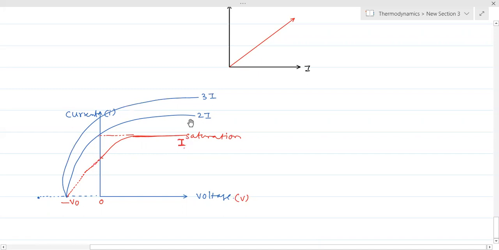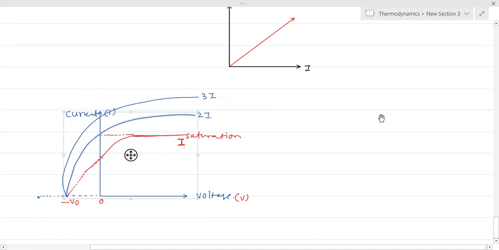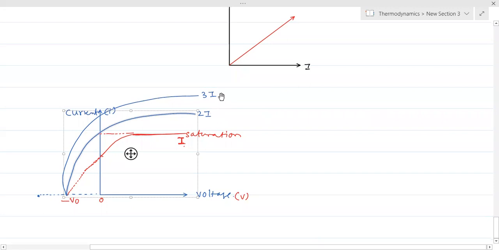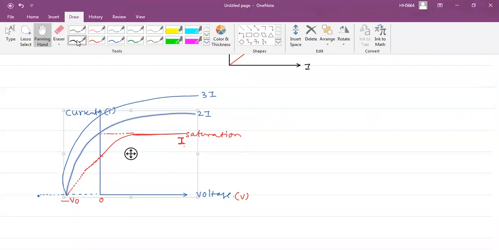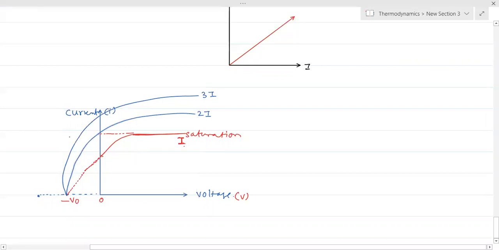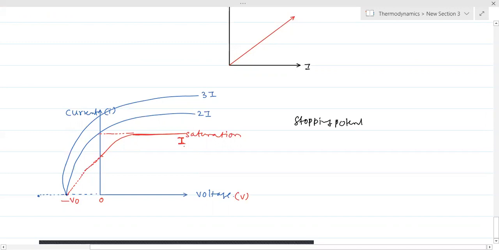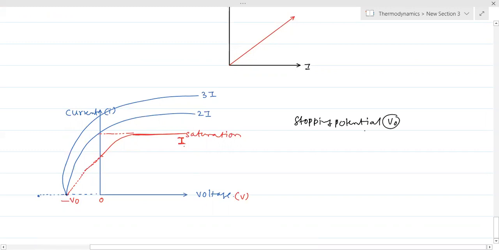When intensity increases from I to 2I, the respective photocurrent also increases, and from 2I to 3I the respective current also increases. But in all of these situations, we can see that the stopping potential is constant.